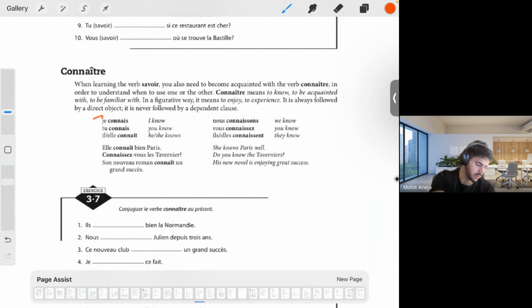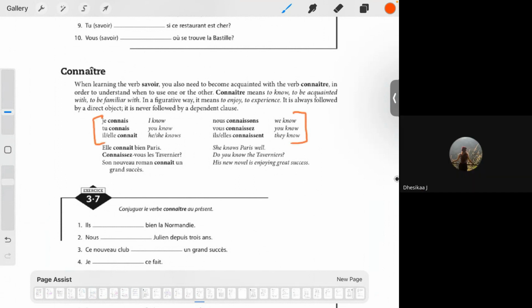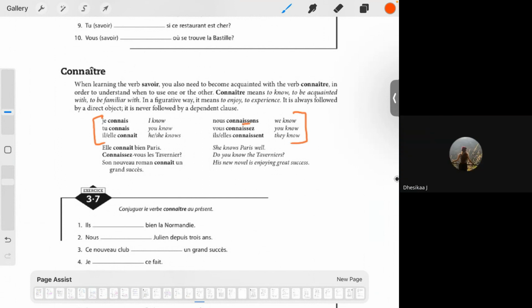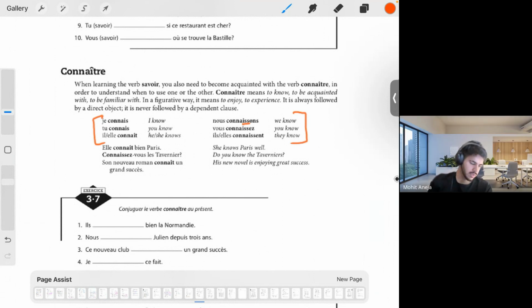Can you read this out, please? Je connais. Tu connais. Il connaît. Elle connaît. Nous connaissons. Vous connaissez. Ils connaissent. Elles connaissent. Very nice. You identified this mistake already, and that's good.